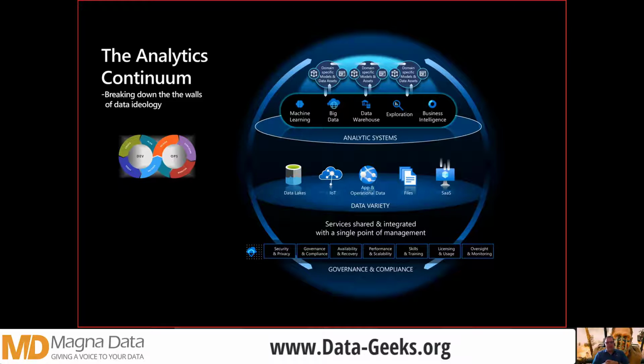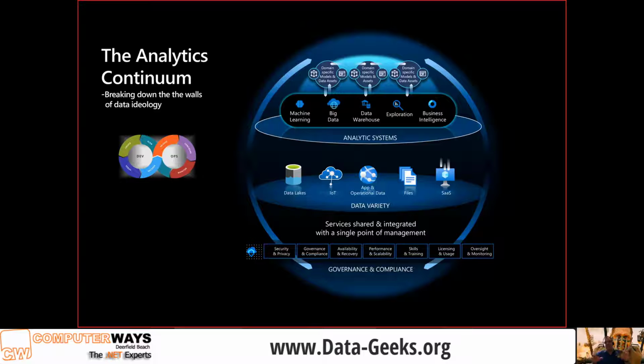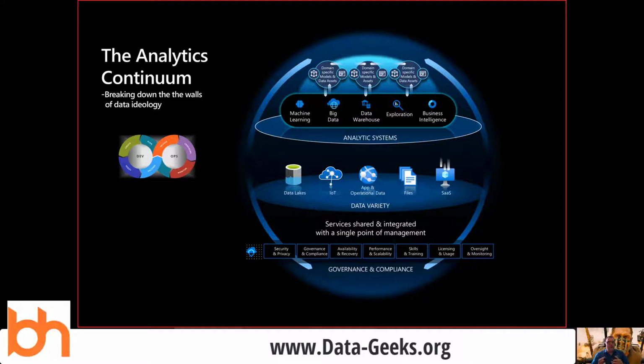You want to ensure that in the continuum you support machine learning, big data, data warehousing, exploratory concepts, and also BI facilities. You want to also make sure that you support multiple data models, and as an architect you shouldn't really care what the data model is.